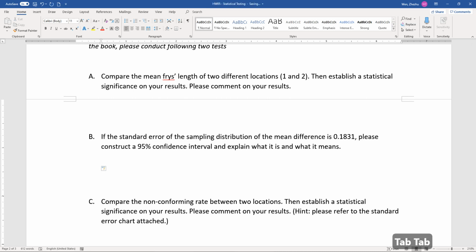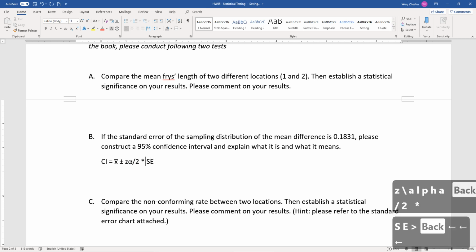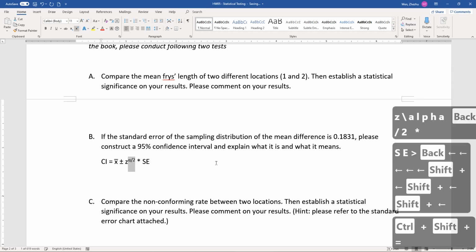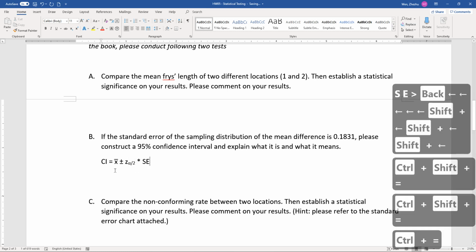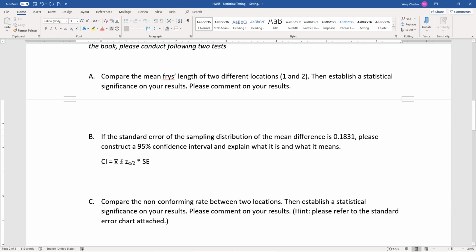If you remember, the formula for the confidence interval was the sample average plus or minus the number of standard deviations times the standard error. That was the equation you should use. Here x bar is the mean difference, and then plus or minus z alpha over 2.